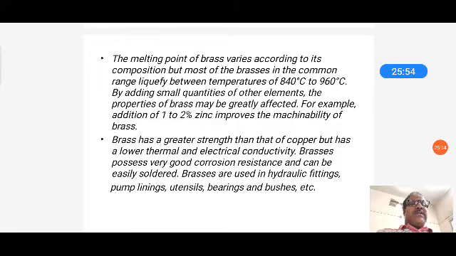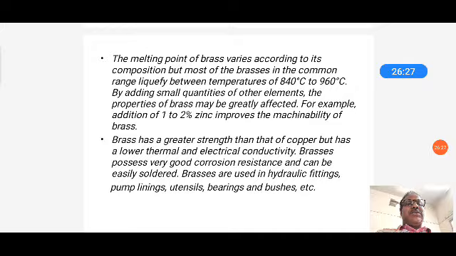The brasses possess very good corrosion resistance and can be easily soldered, by using this alloy, of steels or bronzes. These brasses are used in hydraulic fittings, pump linings, utensils, bearings, and brushes.